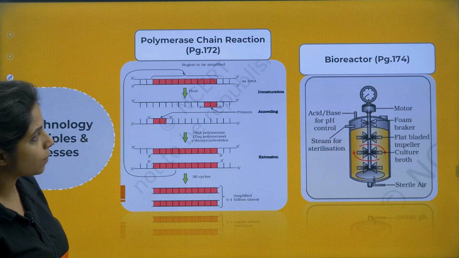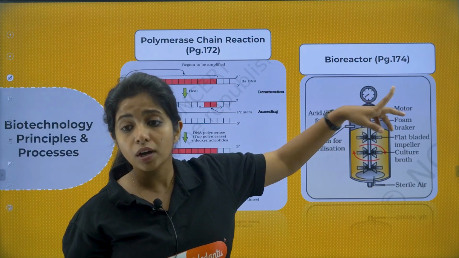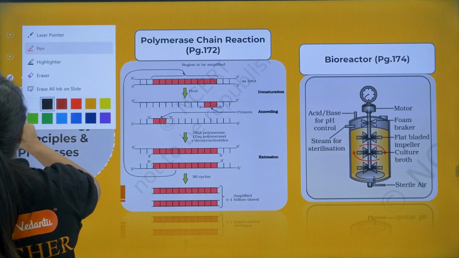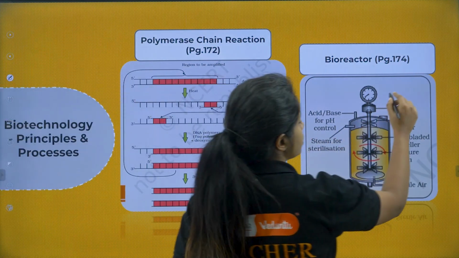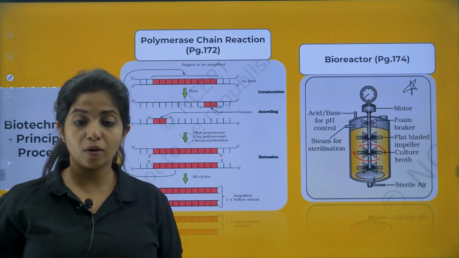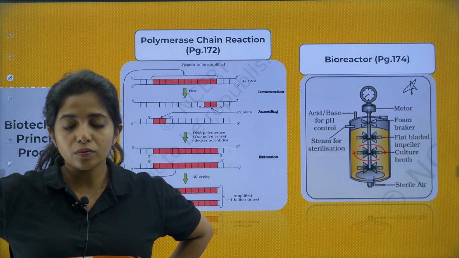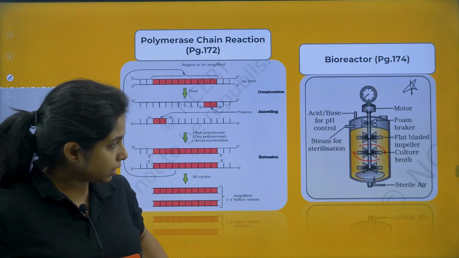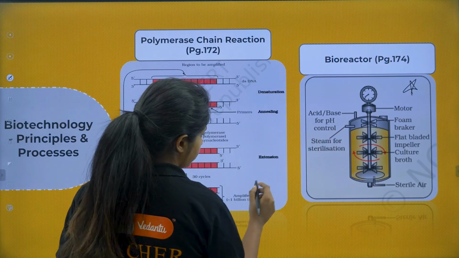On page number 174 you have the bioreactor, and this is important. It has been asked in the form of a diagram, so you should be knowing how to make it. So there is a cylinder sort of thing up over here.